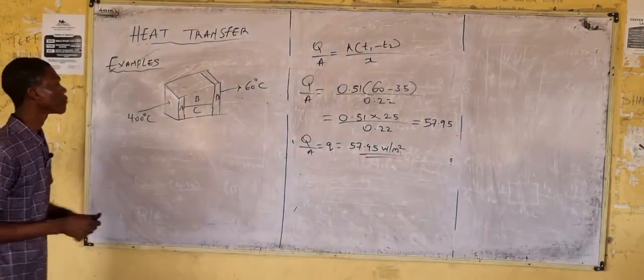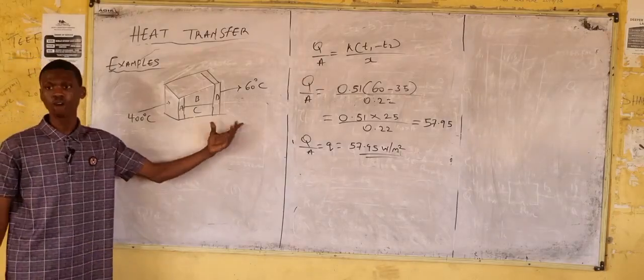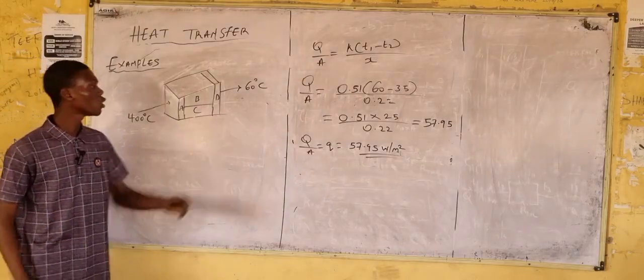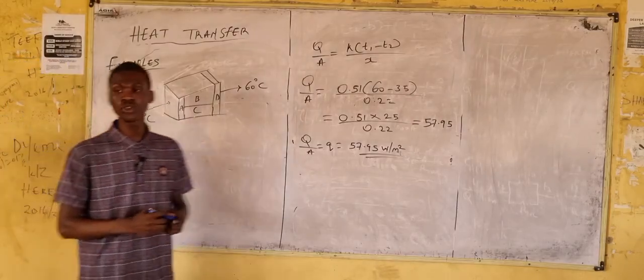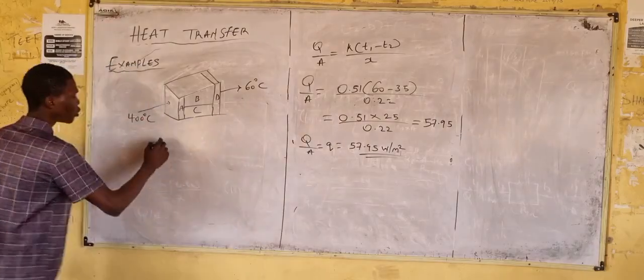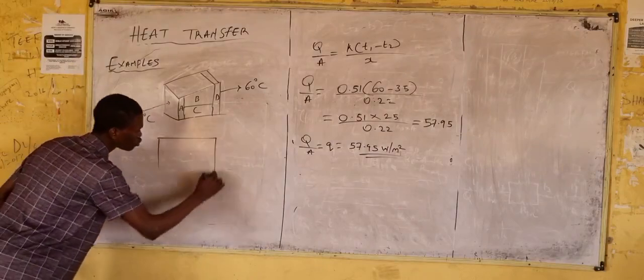From here, this is a 3D view of this composite wall. Now let's relate it to the 2D view, to what we've done earlier. We have the diagram to be this.